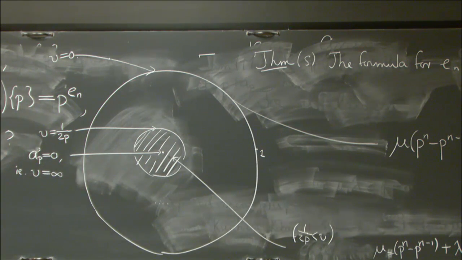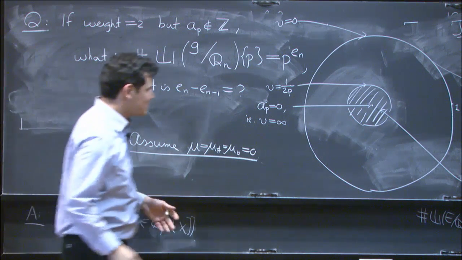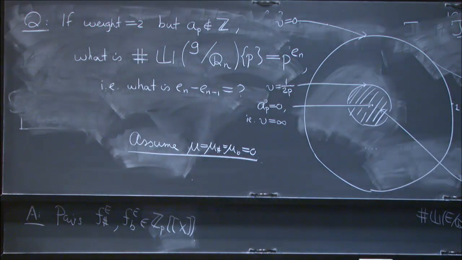Now, the punchline of this theorem is that there's a bunch of formulas which get very complicated, so let's just assume that any term that involves mu is 0. So that mu and mu sharp and mu flat are all 0. When they're not 0, I have simple formulas, but for now, for simplicity, assume that mu is 0.